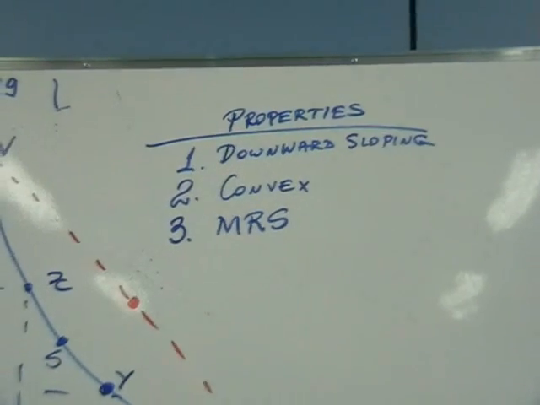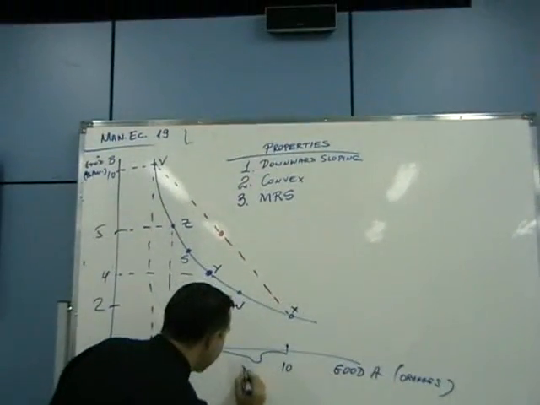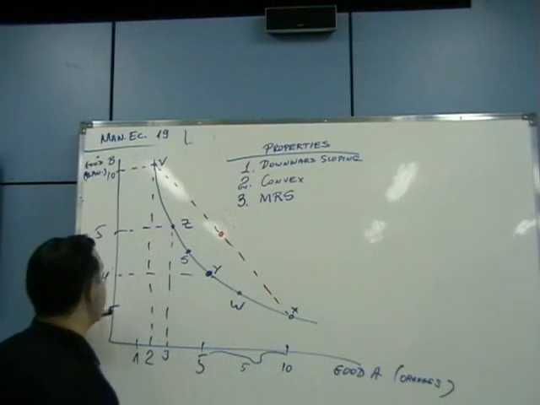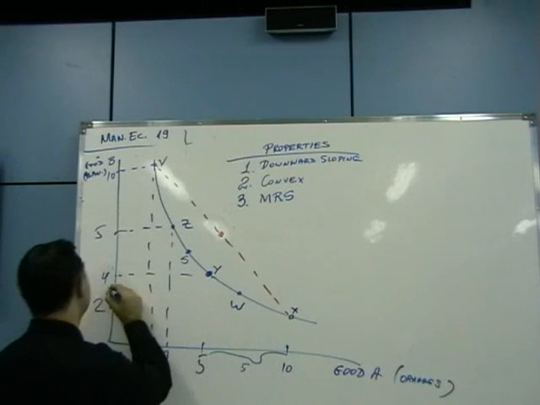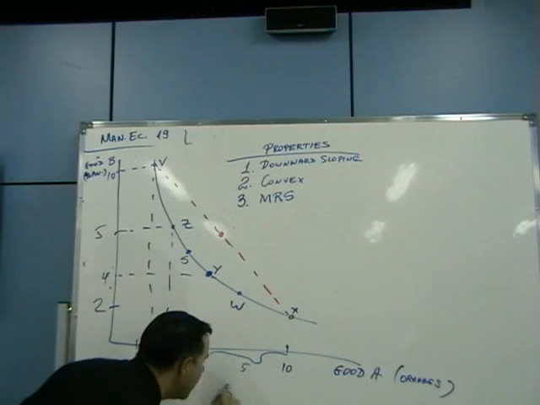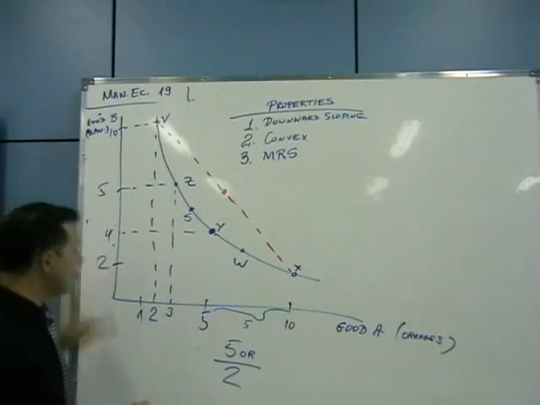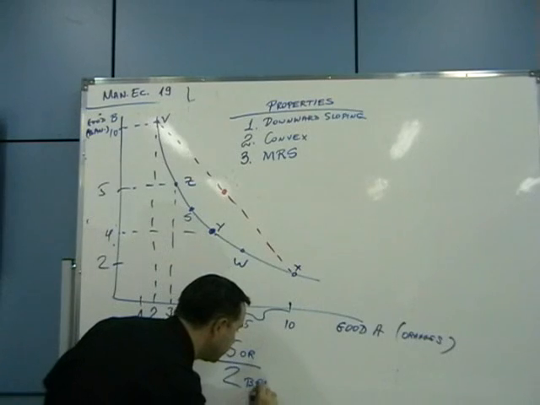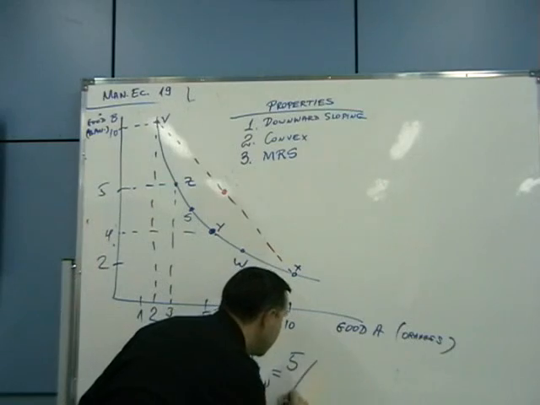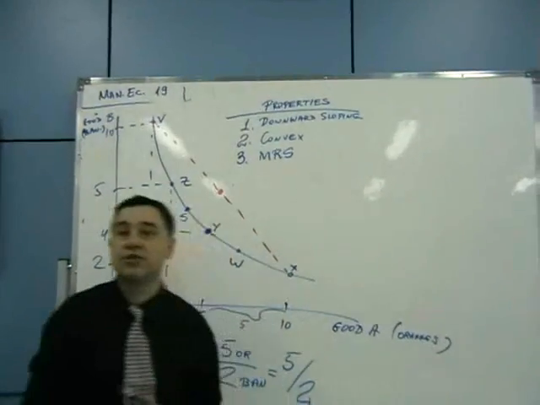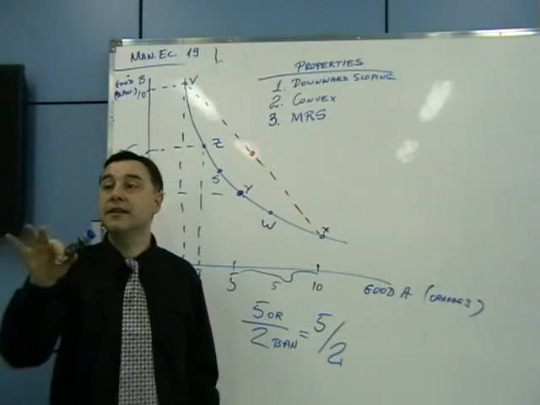So, in this particular case, we must give up 5 oranges, and from 2 we're compensated to 4. In other words, we are willing to trade 5 oranges for 2 bananas. So, the marginal rate of substitution is 5 to 2. Alright? Is that fairly clear?